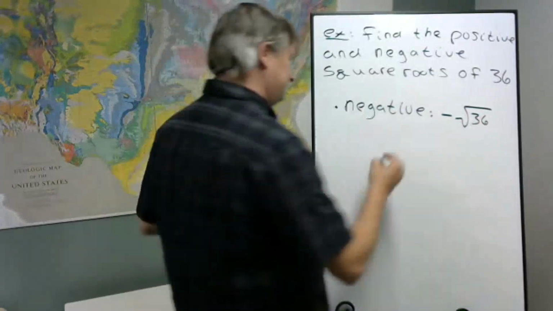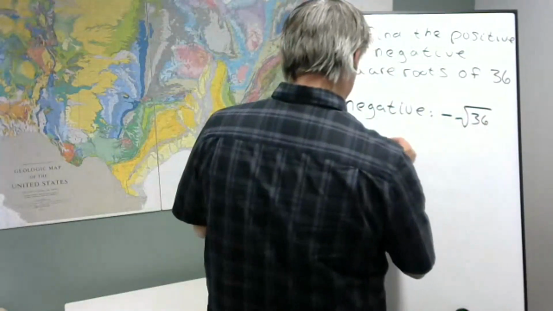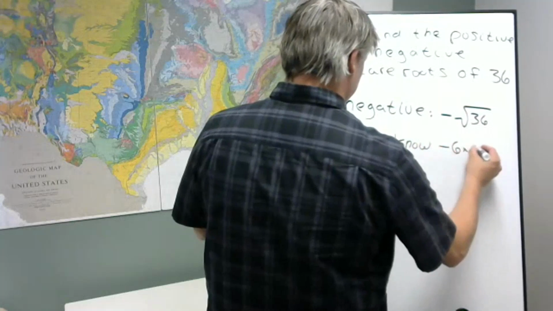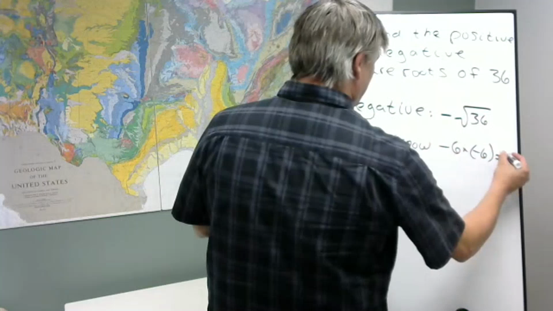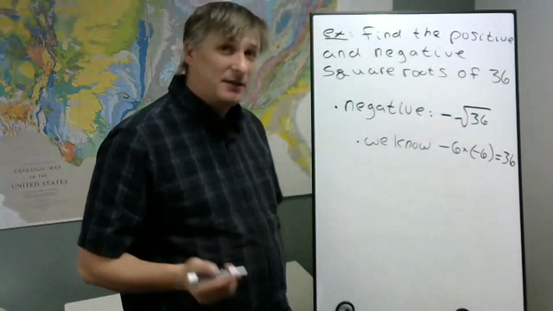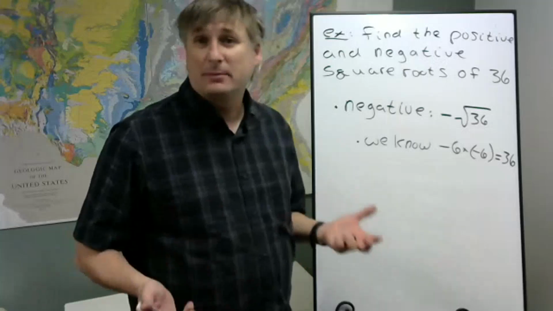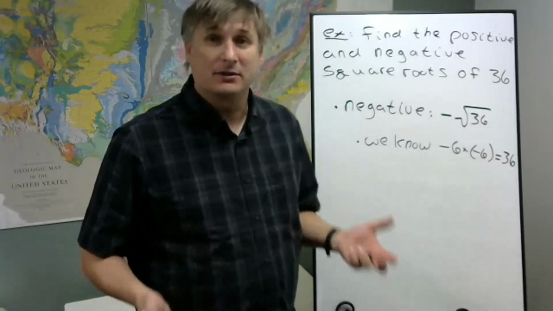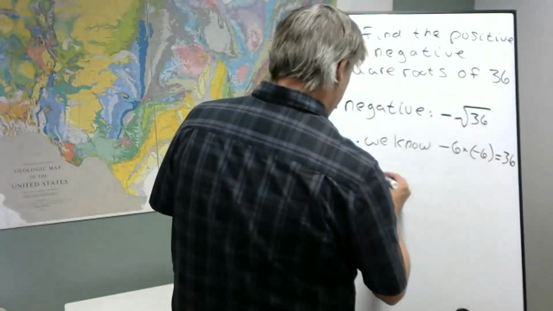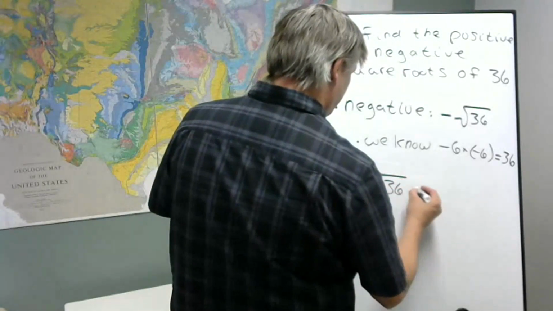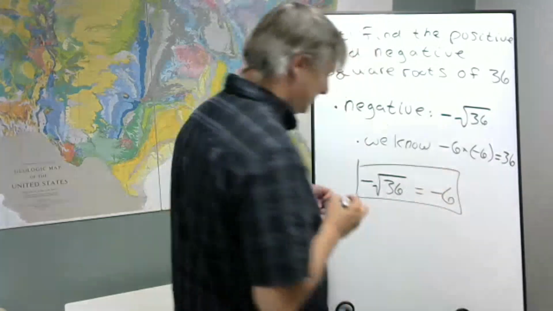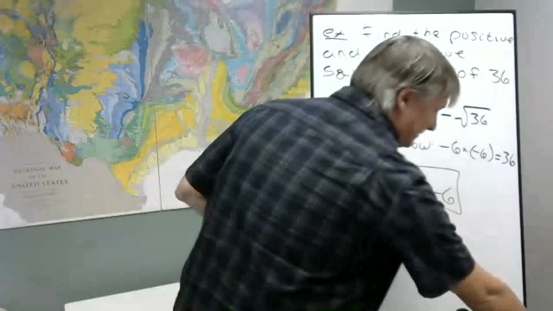Well, we know this. Negative 6 times negative 6 is equal to 36, because a negative times a negative is positive, and 6 times 6 is 36. So that means the negative square root of 36 is negative 6.